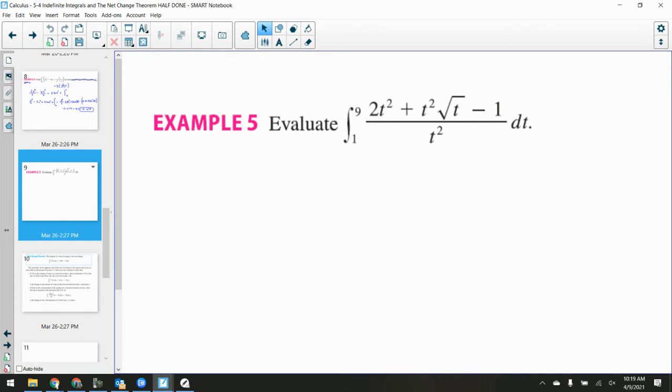All right, so I'm going to evaluate from 1 to 9, 2t squared plus t squared times the square root of t, minus 1, all over t squared.